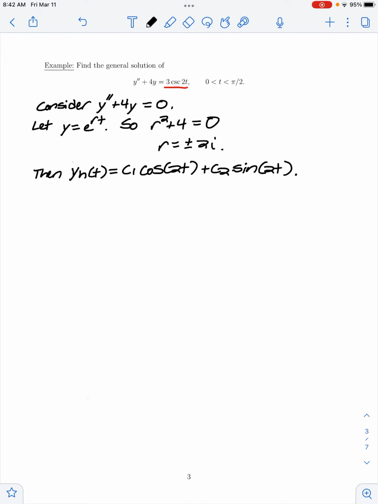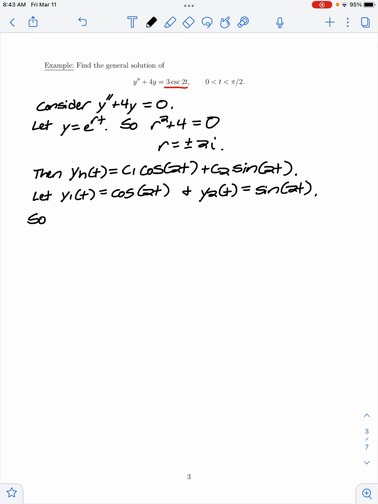So let's give these functions that make up the homogeneous solution a name. Let me say that y1 of t is the cosine of 2t function, and y2 of t is the sine of 2t function.